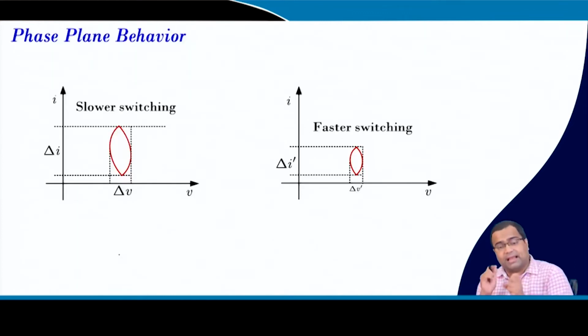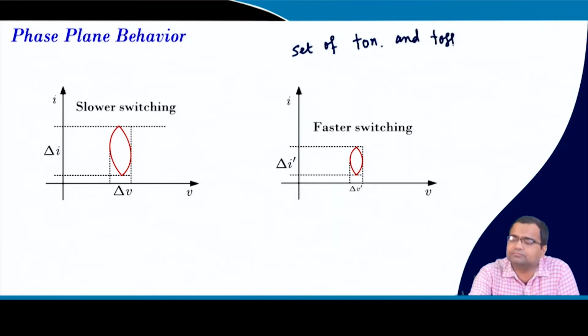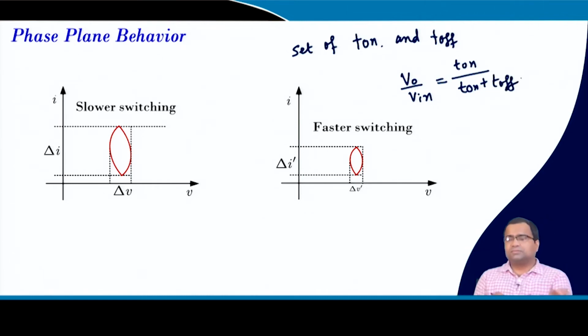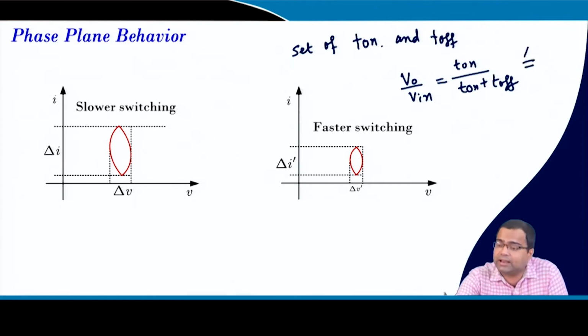Now, as I said, you need to generate a set of T on and T off. For an ideal buck converter, the output voltage V0 by V in, we know, is the on time divided by the total time, on plus off. Because we are not talking about practical parasitics, this is equivalent to the duty ratio.